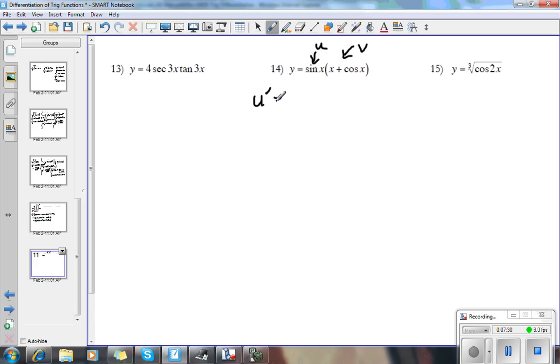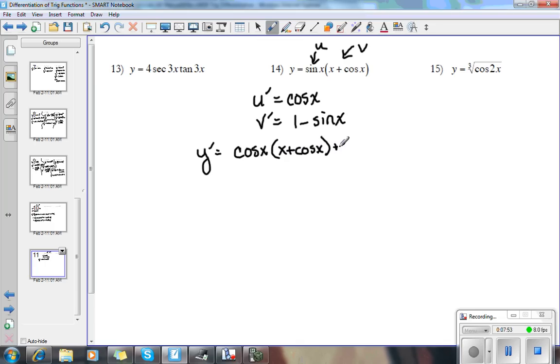So u prime is cosine x, and v prime is 1, and then the derivative of this is negative sine x. So we get y prime equals u prime v plus u v prime.